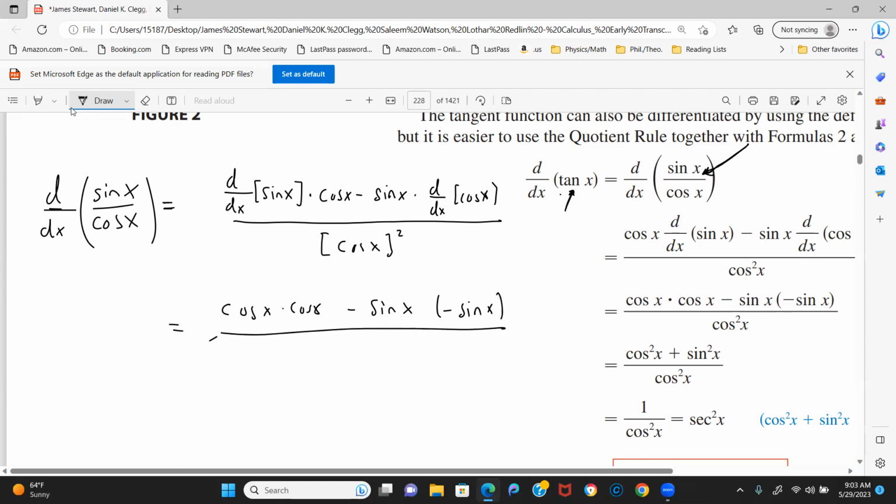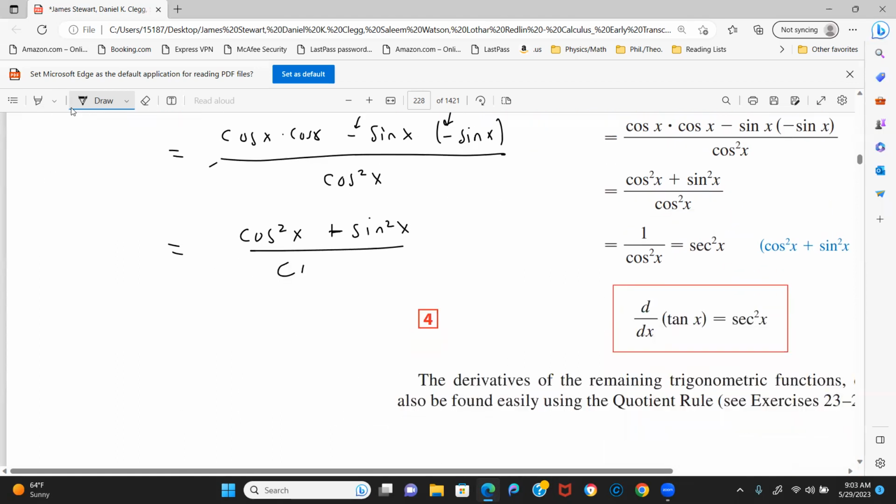This is all over cosine squared x. Now in the numerator, we have cosine squared x, and then there's a negative here and a negative here, so we get plus sine squared x over cosine squared x. And the numerator is 1 by the Pythagorean theorem, right?